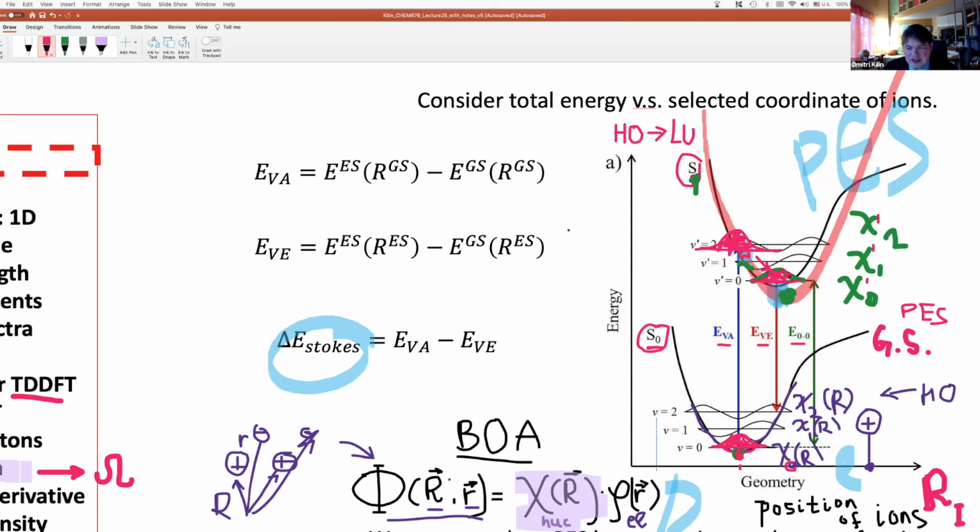It will arrive at a position that corresponds to the minimum of the excited state geometry. And then if the system decides to emit light, it will happen at a different interatomic distance, and therefore it will have a different frequency.